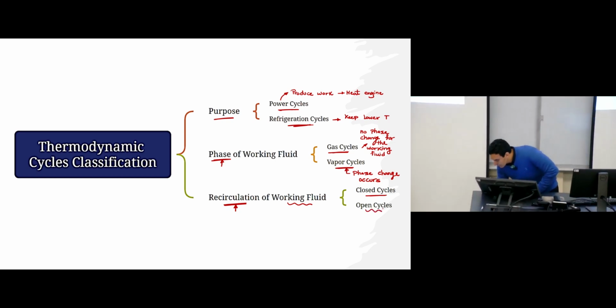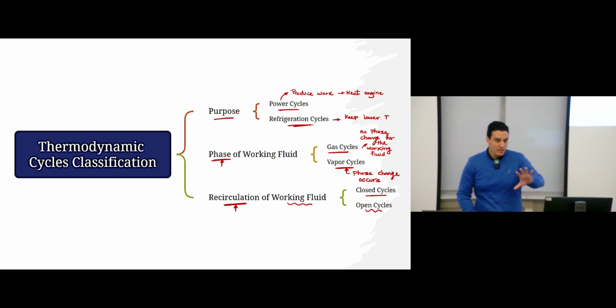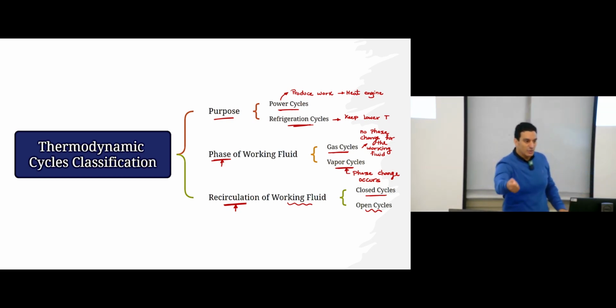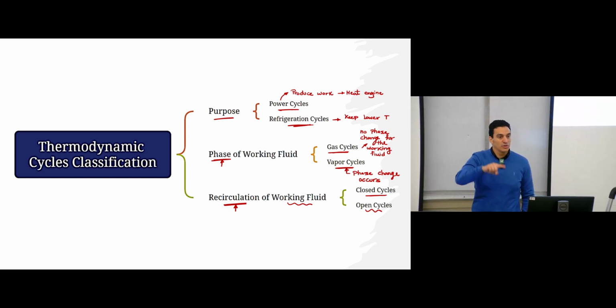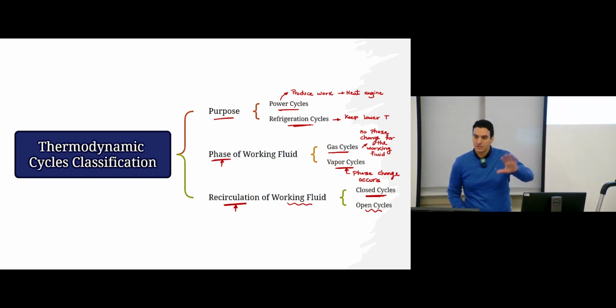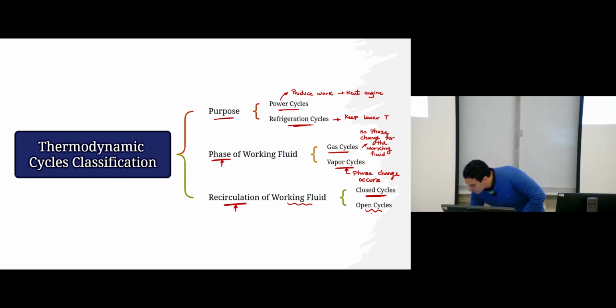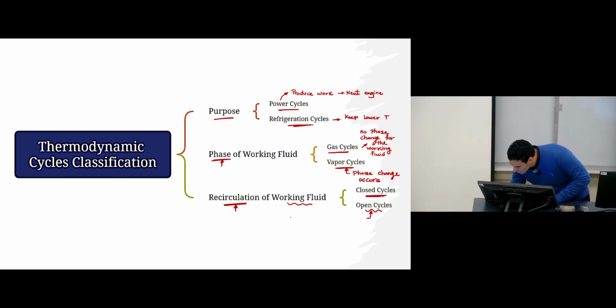In open cycles, the working fluid completes the first cycle, then we withdraw it and inject a new fresh working fluid to start the second cycle. Once the second cycle finishes, we withdraw this fluid and inject a new fresh working fluid to start the third cycle. So here we are changing the working fluid after each cycle, and this is called an open cycle. But in a closed cycle, there is no need to change the working fluid. The same working fluid that did the first cycle will do the second and third cycles.